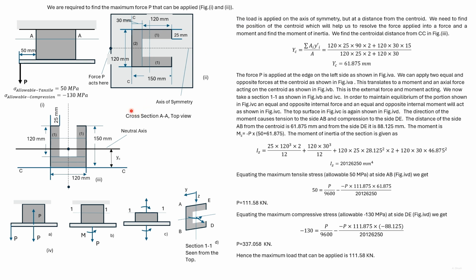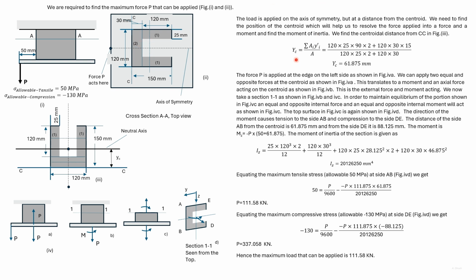To start with, we find out the position of the neutral axis. We find it in terms of the base axis CC. The geometry is divided into three rectangles, two rectangles that have been denoted 1 and one rectangle that has been denoted 2.